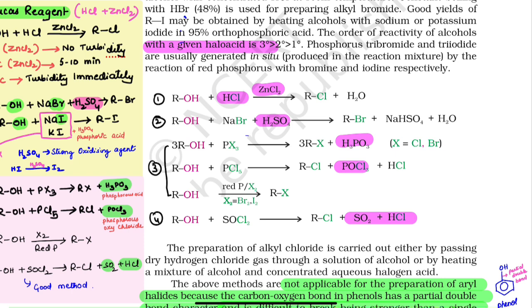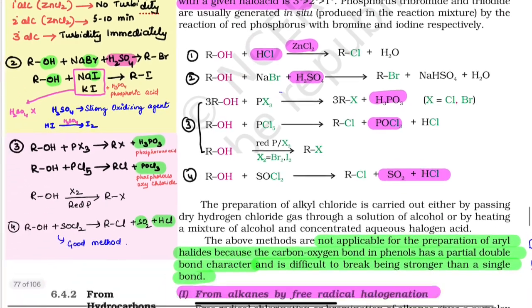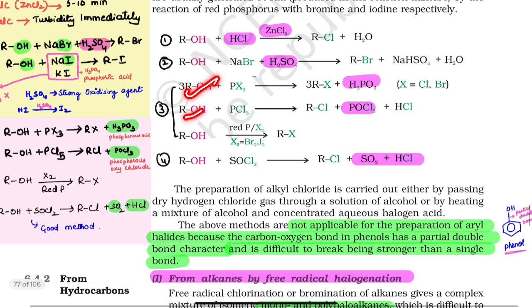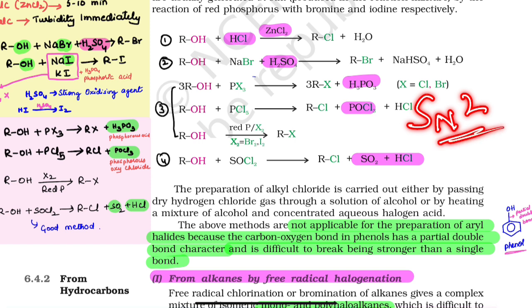If rearrangement is possible, do the rearrangement and then attach the halogen to that carbon atom, because they proceed through the SN1 mechanism. And these reactions, which I have marked as 1, 2, 3, are all phosphorus related reagents. These undergo the SN2 mechanism. If it is the SN2 mechanism, then there is no carbocation formation, so rearrangement is not possible. Only for the first two do you have to check for rearrangement.